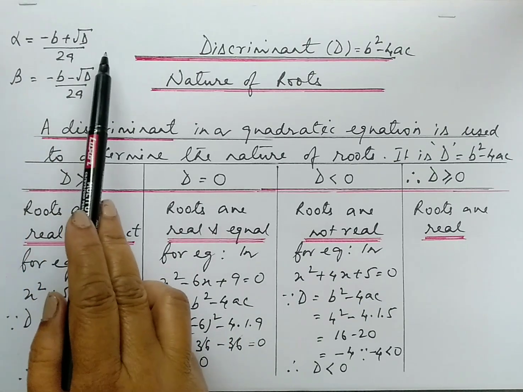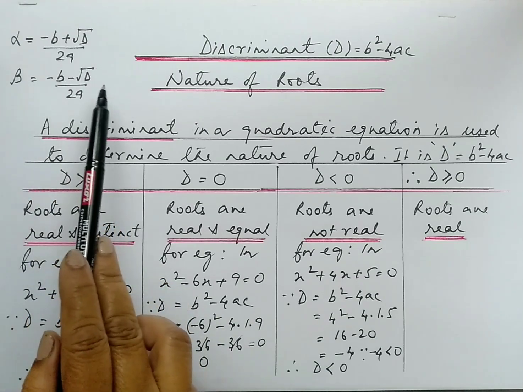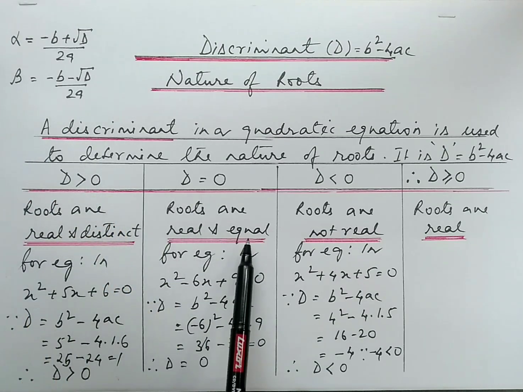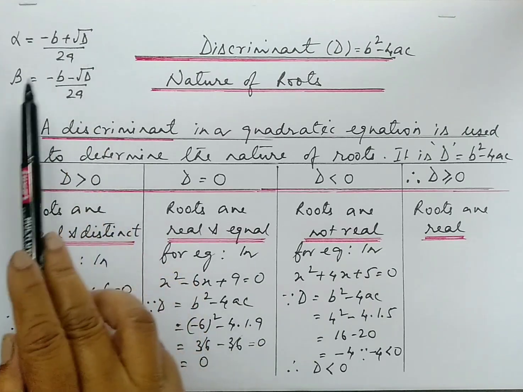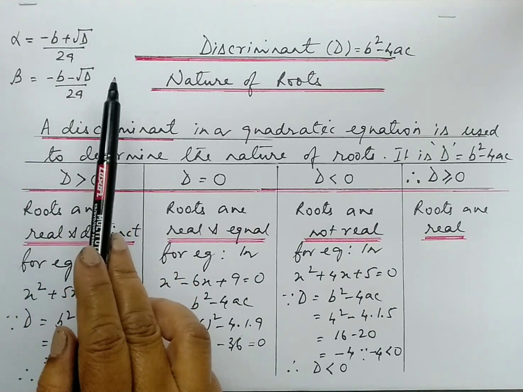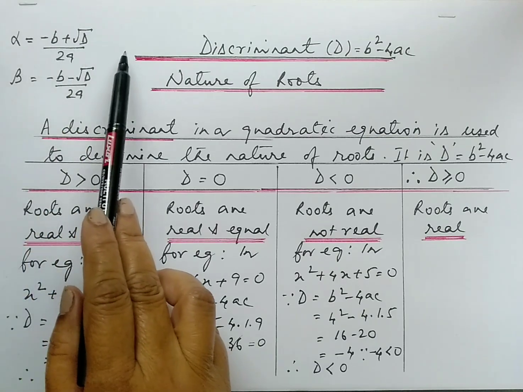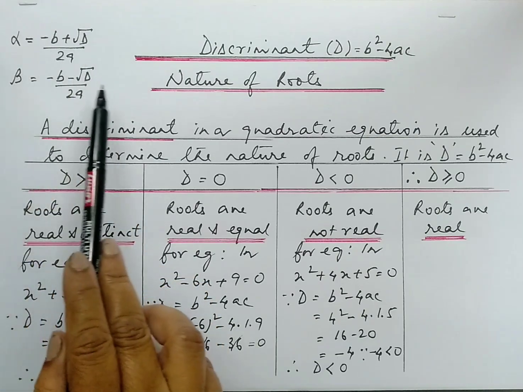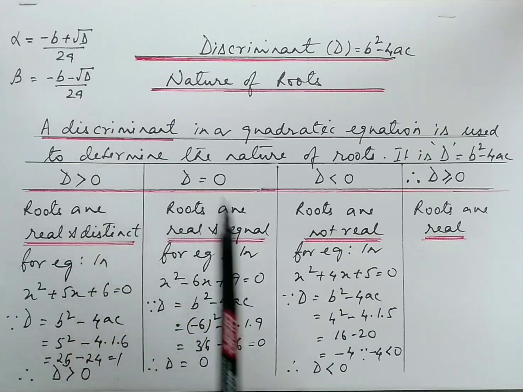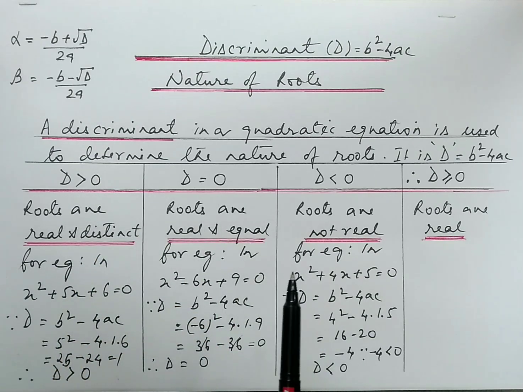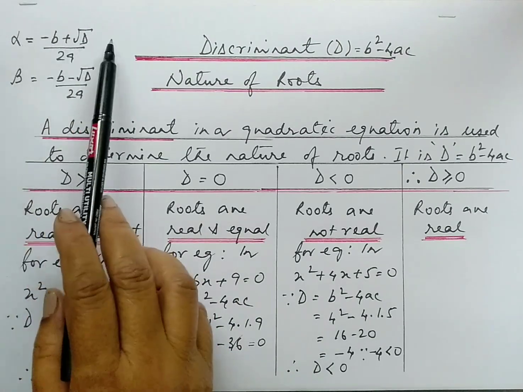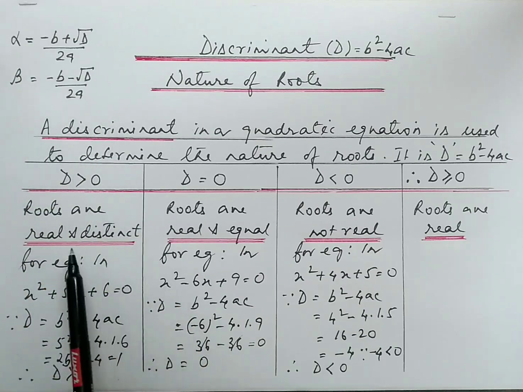If alpha were 3 and beta also 3, I would call them equal. If alpha would be 6 and beta 6, or say if alpha were minus 13 and beta were minus 13, I would call them equal roots. But if alpha was 2 and beta 1, I would call it distinct.